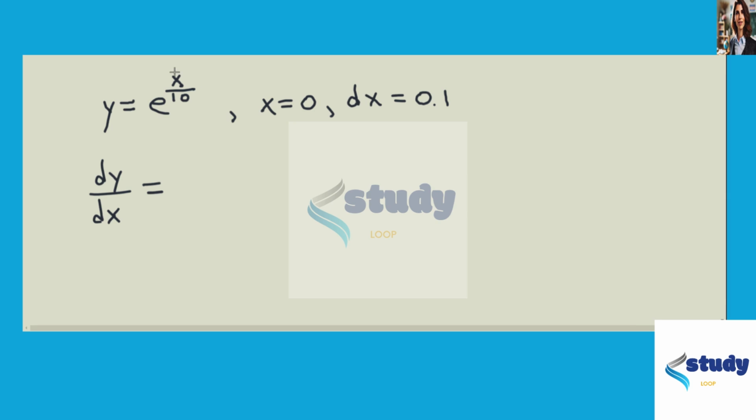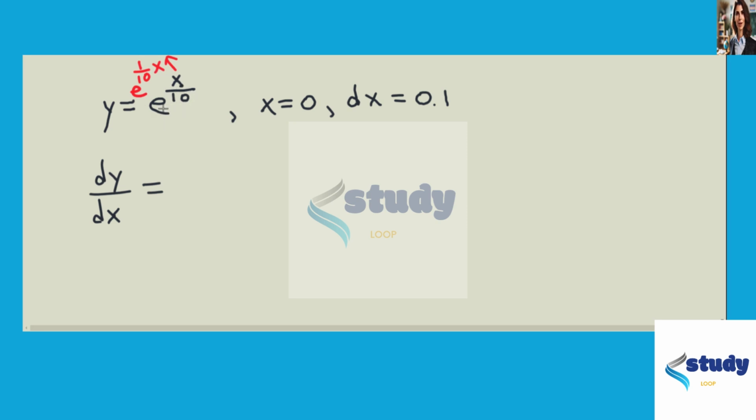Now, what is the derivative of e to the x over 10? You could think of x over 10 as 1/10 times x. So you can think of this as e to the 1/10 times x power, same thing as e to the x over 10 power.